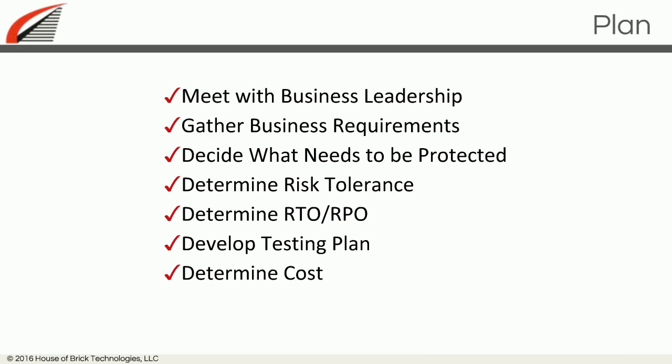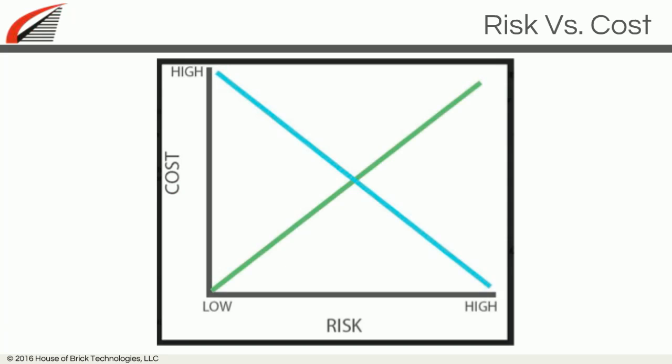If we go and look at this rudimentary graph we made, it kind of shows you that if the business wants low risk, they have a very low risk tolerance, you potentially could spend a lot of money. Some companies are cool with that.